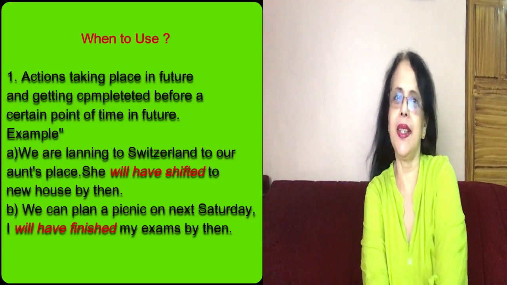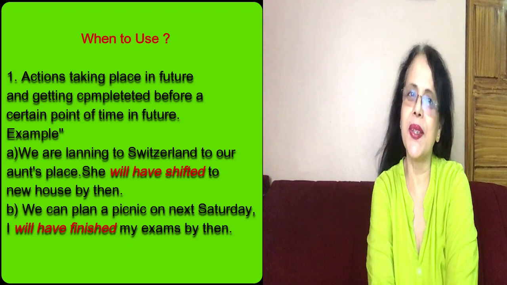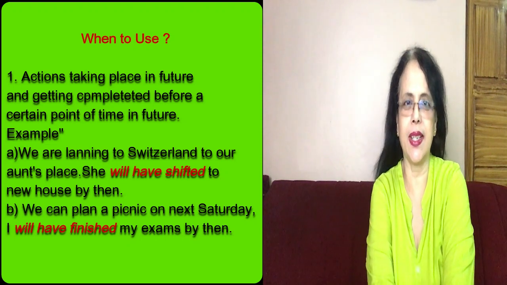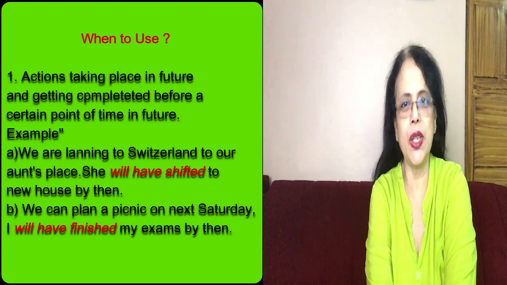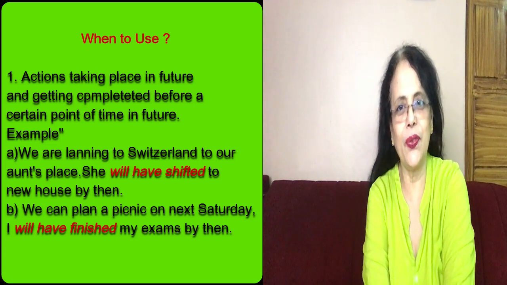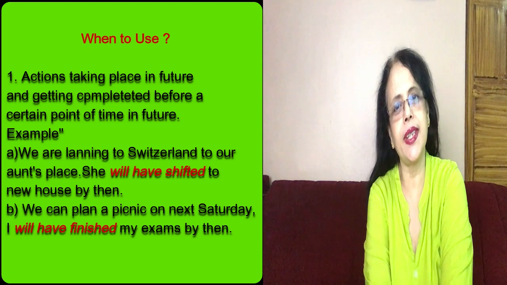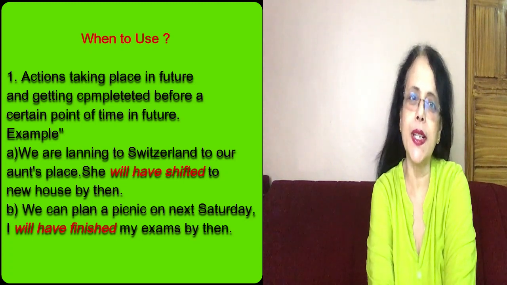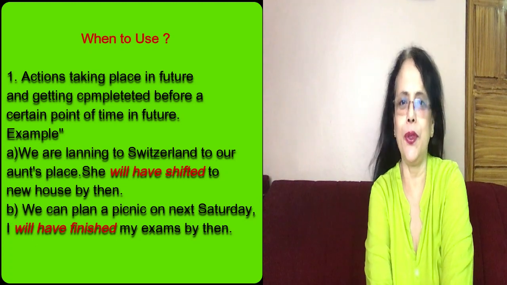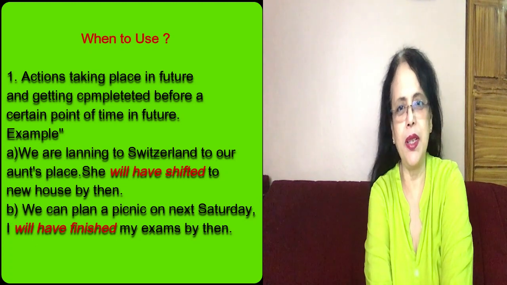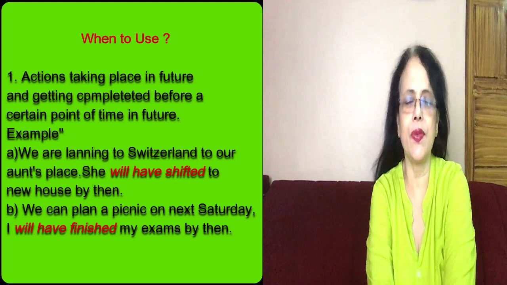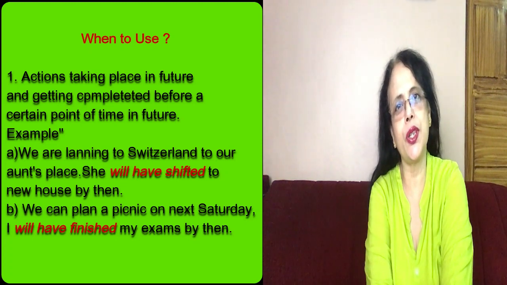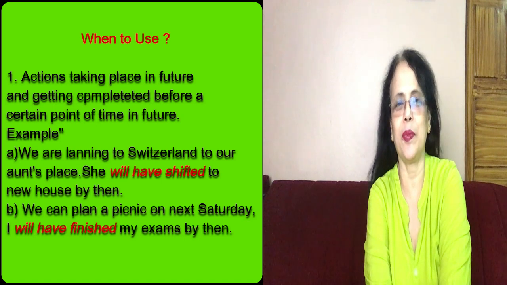Okay, let's see the situations in which we use future perfect tense. As I told you, the first situation is when we talk about actions taking place in future and getting completed before a certain point of time in future. Example, we are planning to go to Switzerland to our aunt's place. She will have shifted to a new house by then.